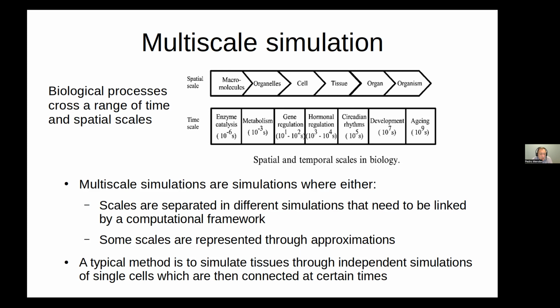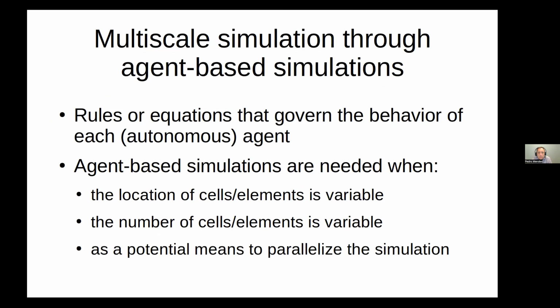A very typical method in systems biology is to represent cells as single agents, agent-based models, where each agent is a single cell, and then connect them at certain times. So the cells can, by and large, operate independently for a while, and then at certain times they're connected and there's communication. And that's the method that we're going to talk most about.